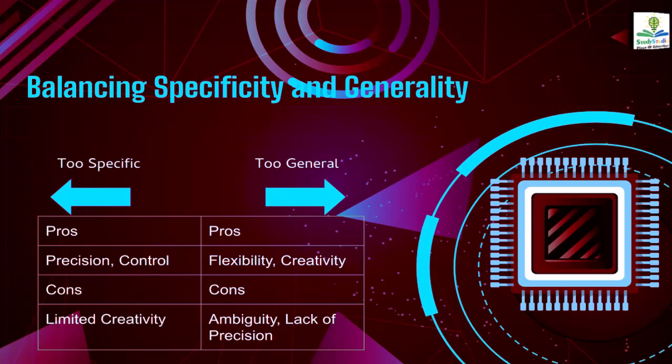So if you are expecting ChatGPT to generate creative output, then obviously you don't want very specific prompts because you're going to put limitations on the AI's creativity in this case.